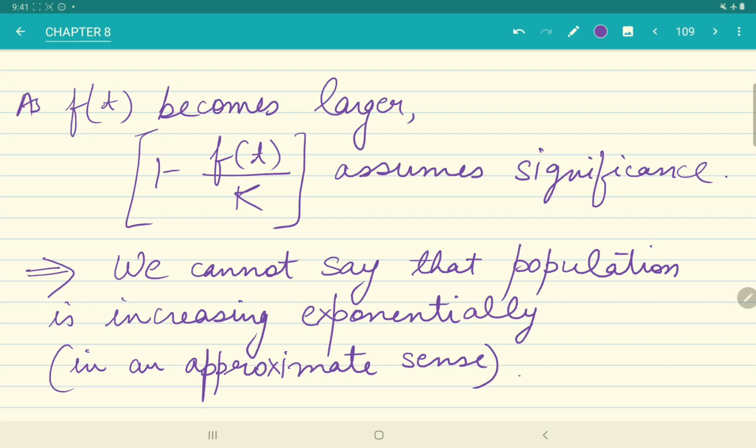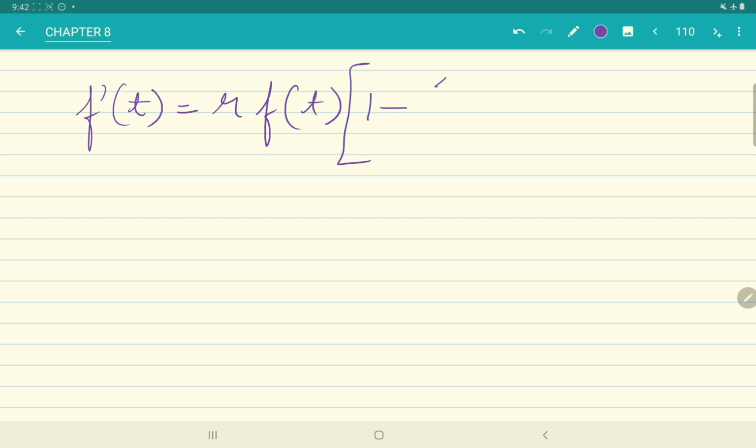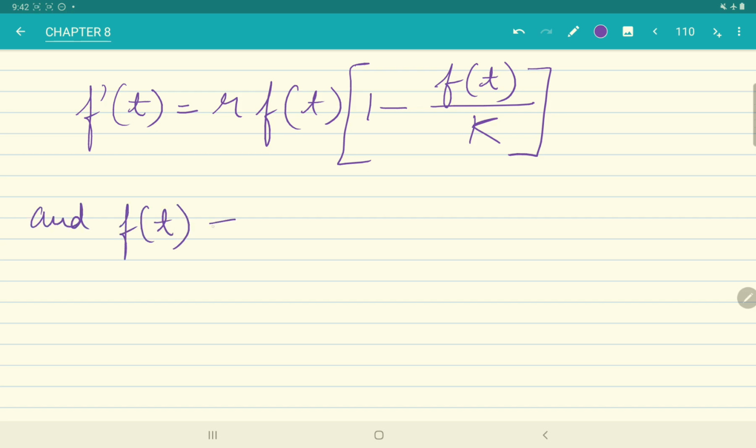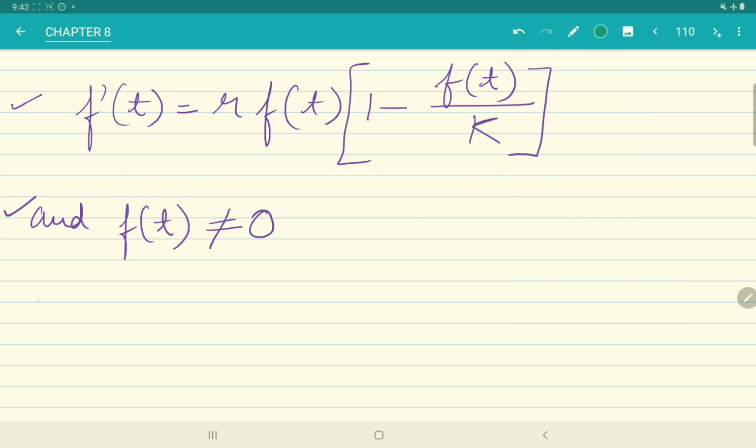And in fact, if this is the case, if f prime t is equal to r f(t) times 1 minus f(t)/k, and f(t) is not equal to 0, and also this, so if you have this and this, then f(t) must have this form.